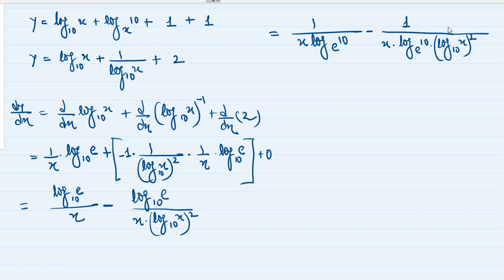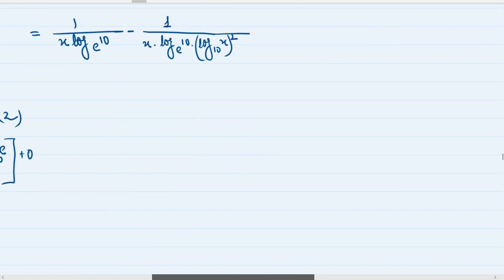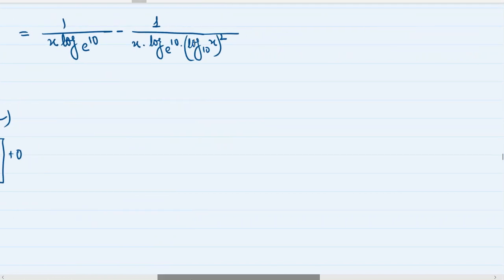Okay, so we just have to simplify this. Now every log will become a natural log. That's what our idea should be, that every log should become a natural log. Okay, and how to do that one? Hmm. So we have log of x to the base 10.